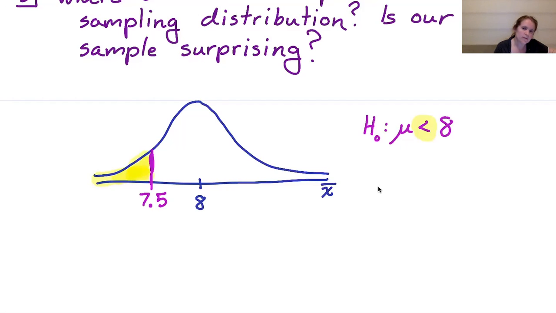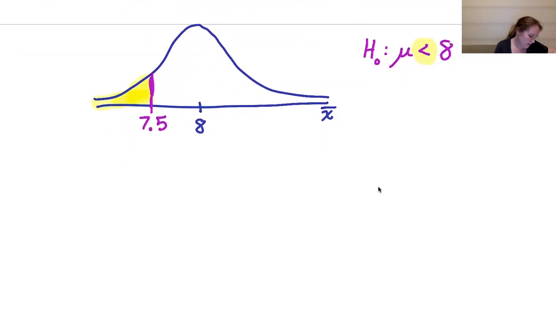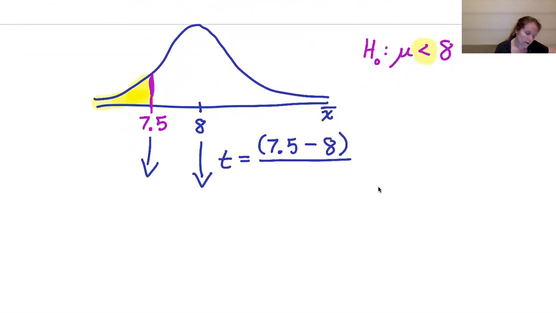This is our X bar distribution. From here, again, we are stuck using t. We are going to translate to the t distribution. So calculating the t-score, we want to translate that 7.5. So we will have our sample 7.5 minus the mean 8 divided by the standard deviation of the X bar distribution, which we found was approximately 0.24.